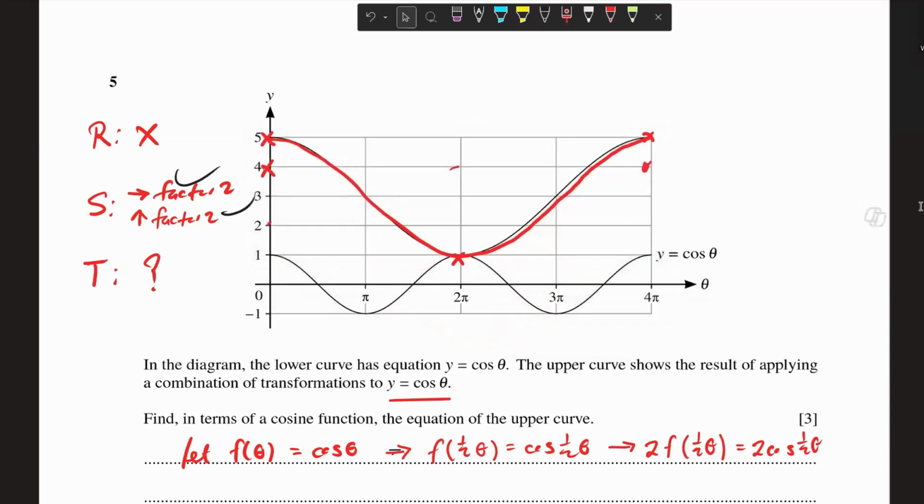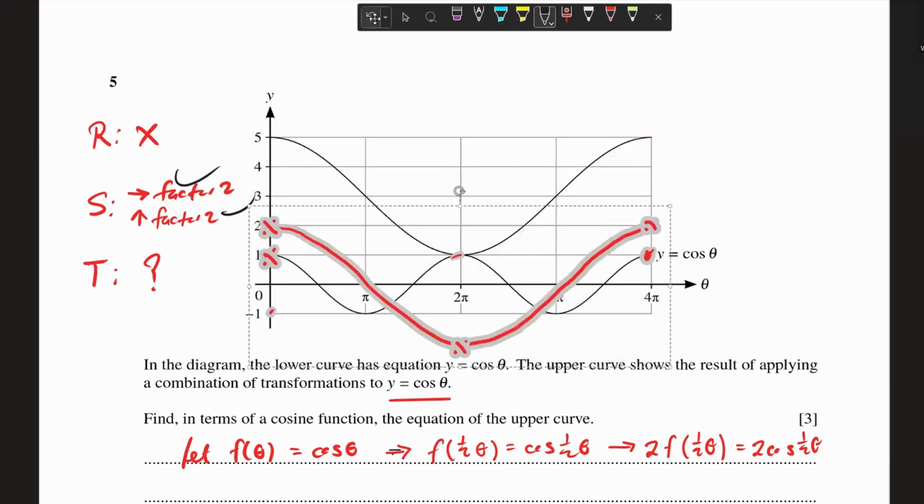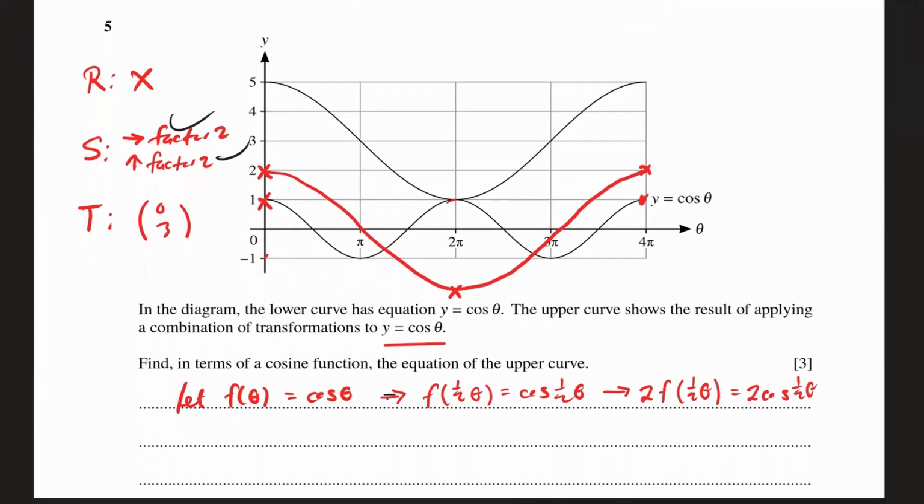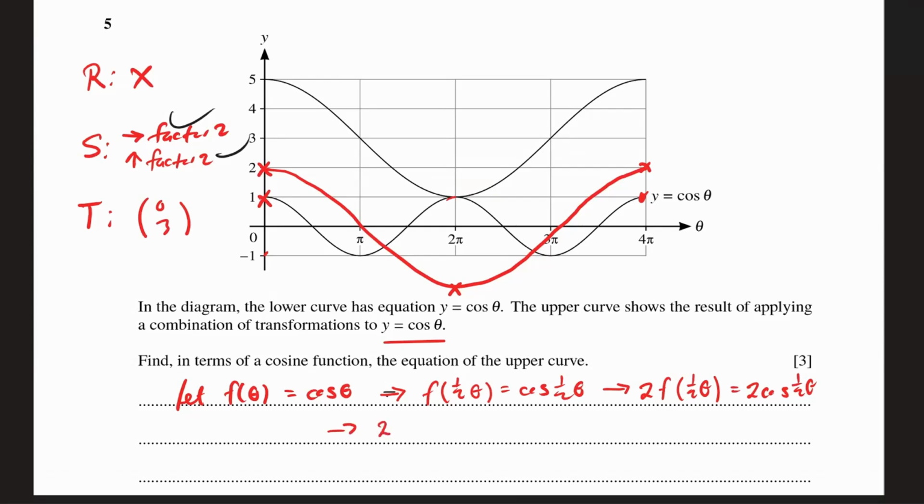So the translation is a vector going upwards, that's (0, 3). After this, we will have 2f of a half theta plus 3, and that gives us the new graph as 2 cosine of half theta plus 3.